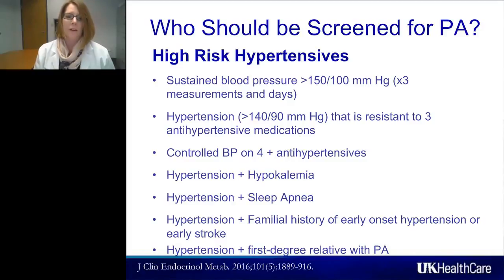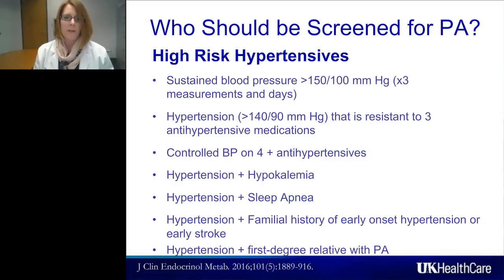The Endocrine Society actually goes on to define who those high-risk patients might be. Hypertensives are defined by them as anybody whose blood pressure is greater than 140/90 millimeters of mercury. Patients that have severe hypertension, greater than 150/100 millimeters of mercury, measured on 3 separate occasions on 3 different days, should be worked up for primary hyperaldosteronism.